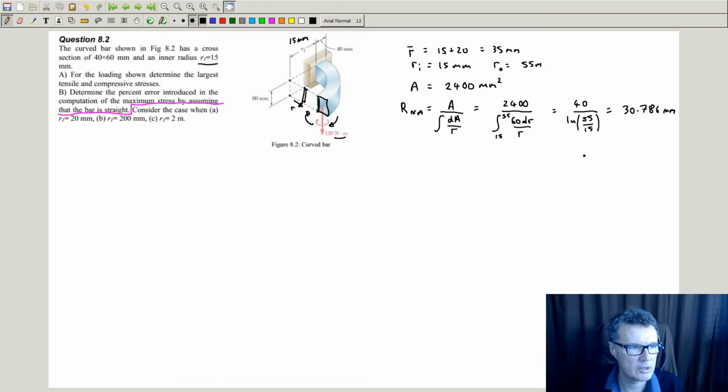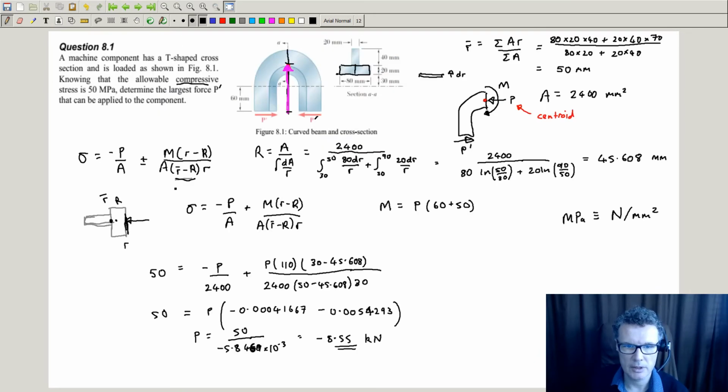Right, what else am I going to do? So I think that's it. So now let's just use my stress equation. Only doing part A at the moment. So I'm going to use this equation here.